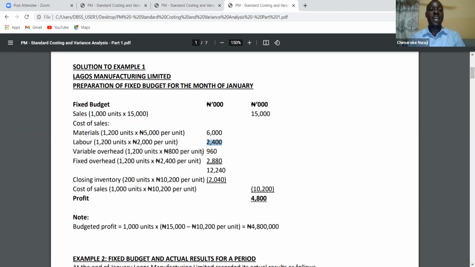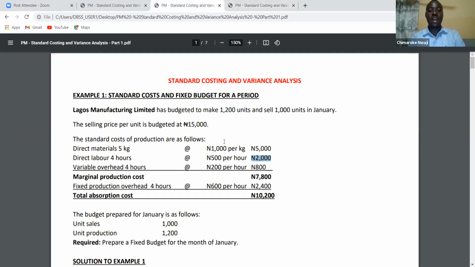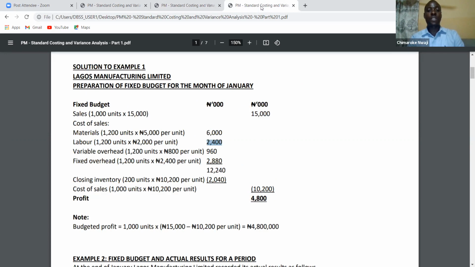And our fixed overhead, 1,200 units at 2,400 naira. That's the overhead absorption rate here. That gives us 2,880,000. Now, when you add all of these costs, that gives us your total absorption cost, 12,240,000.